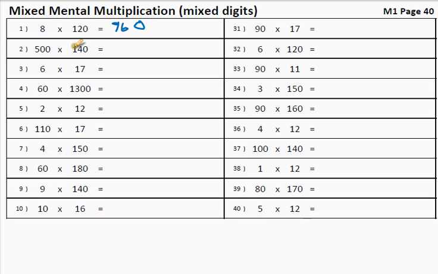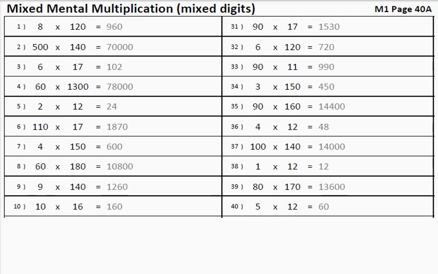Can you work that out quickly? 5 times 10, 50, 5 times 4, 20, 70. Now remember 70 with 1, 2, 3 zeros. Don't get mixed up with your zeros there. Okay, pause the video, you do the rest. There's your answers, please check them. Pause the video to check.